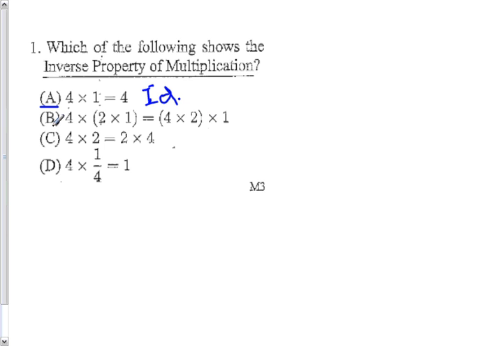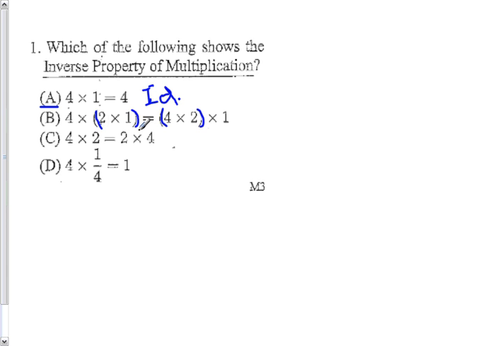In the next one, B, if you'll notice, we have a set of parentheses. We're multiplying three things together, but these are in parentheses here. And if we look on the other side of the equals, these parentheses have now moved to around the 4 times 2. This is the associative property.